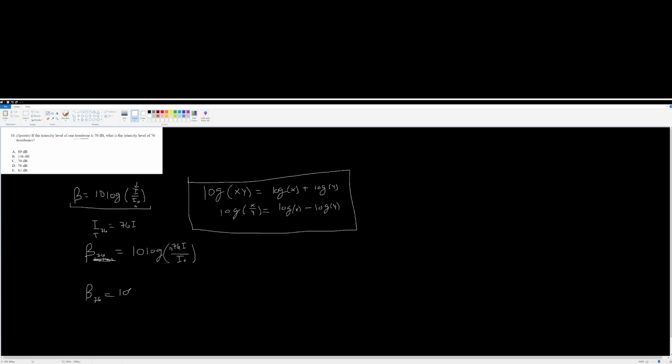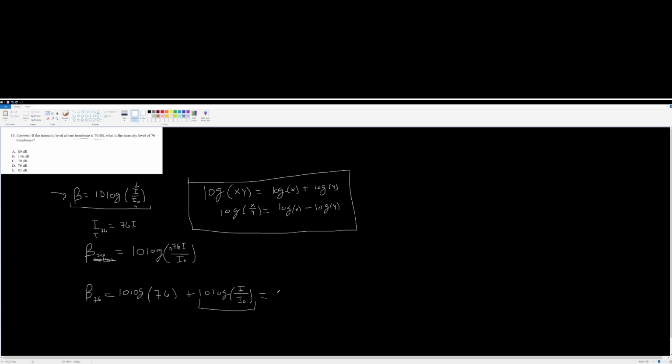trombones is equal to 10 log of 76 plus 10 log of I over I naught. But we know that this value right here is simply equal to our original beta of one trombone, which we know to be 70 decibels from our problem.